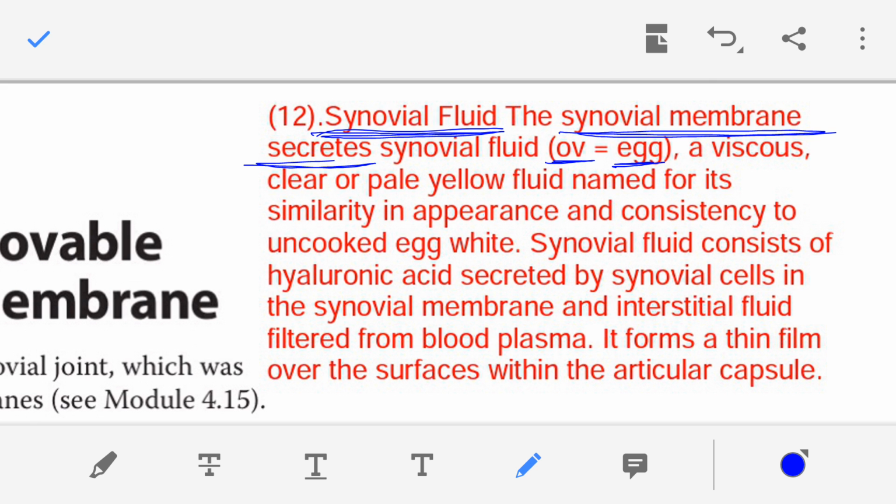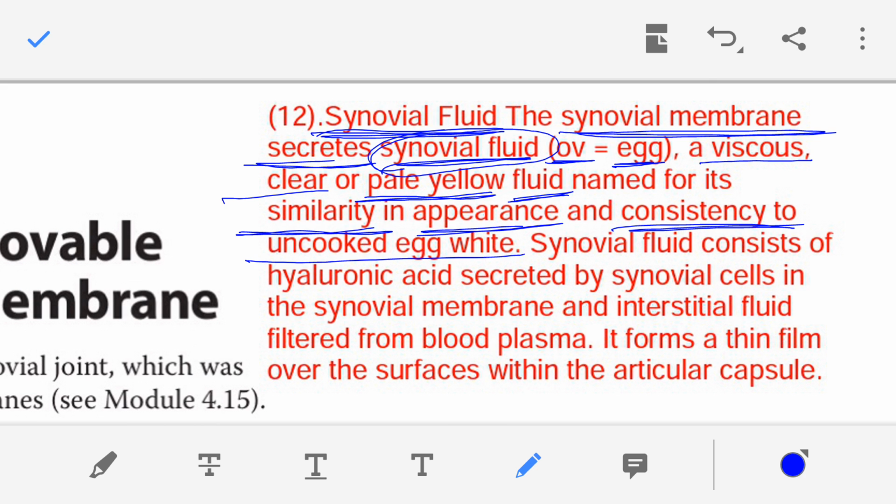Synovial fluid is viscous, a clear and pale yellow colored fluid, and it is given the name synovial fluid because it has a similar appearance and consistency to uncooked egg white.